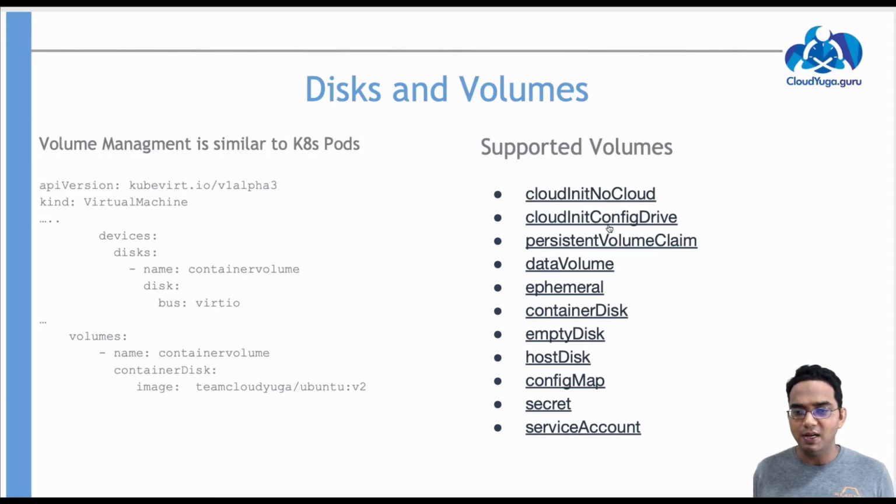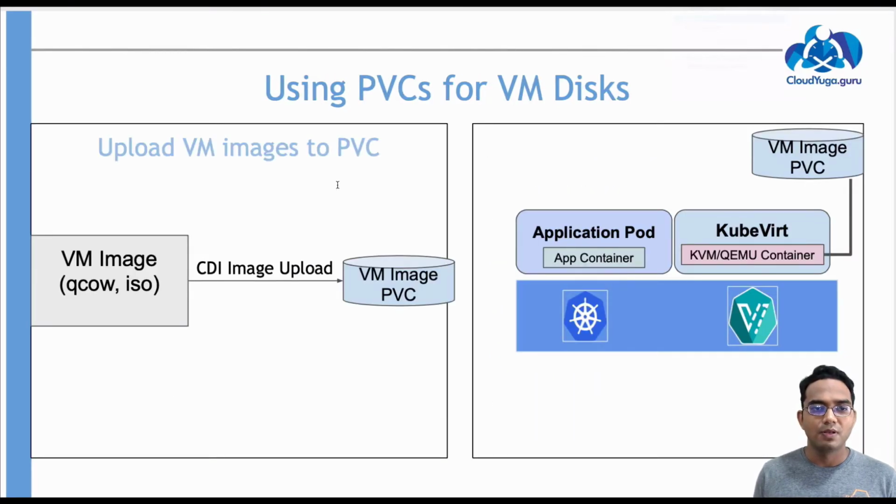And of course, there are different other kinds of volume drivers supported, which you can use to create the VM instance there. So one thing I would like to highlight very specially here is something called CDI, which is Containerized Disk Importer, using which we can create PVCs for our VM disk.